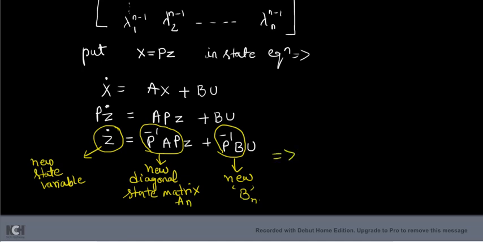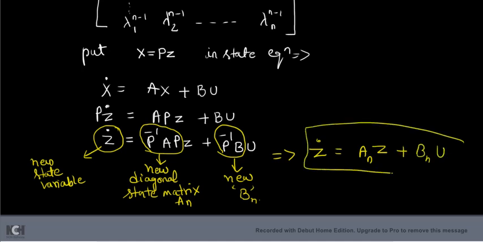So what is the equation now? Z dot is equal to An Z plus Bn U. This is the new state equation I got. Previously whatever I had, that is now converted to this. So this is called diagonalization.